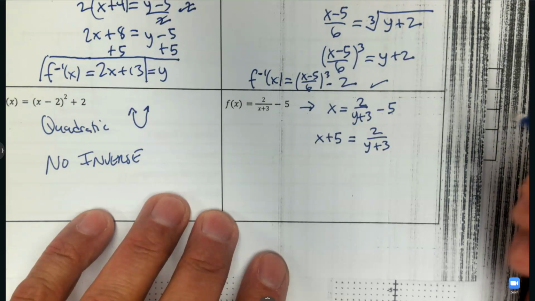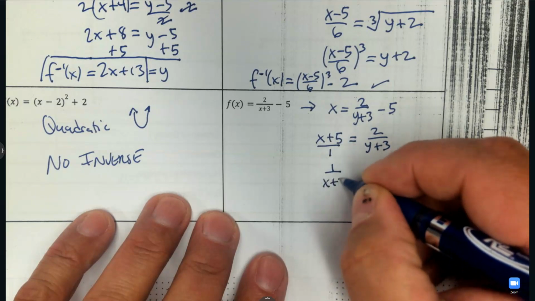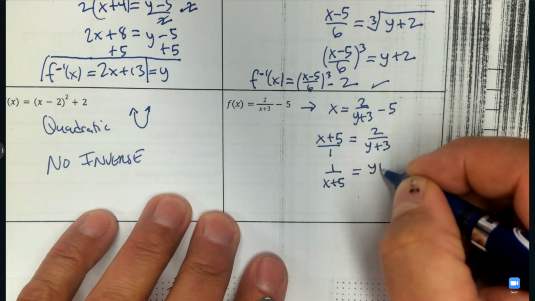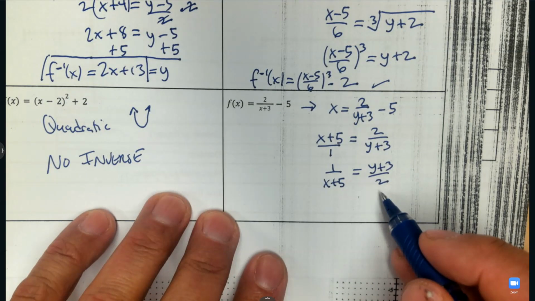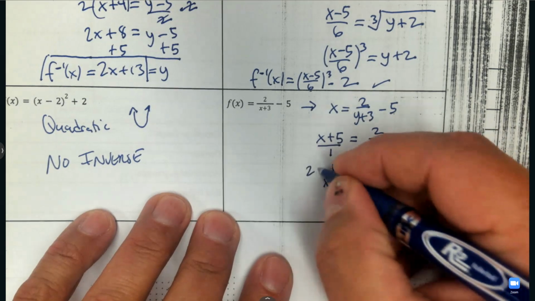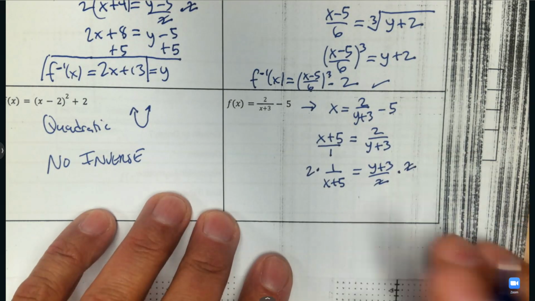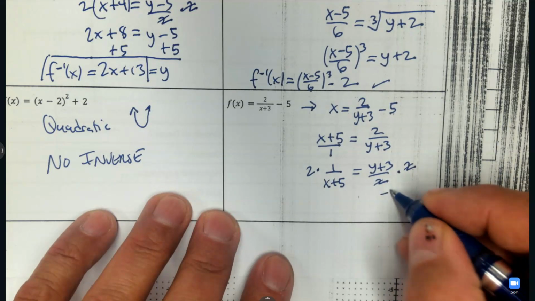Now, to get y by itself, I'm going to do the reciprocal to both sides to make it easier to solve for y. So to both sides, I do the reciprocal. And then, instead of dividing by 2, I'm going to multiply. And then, instead of adding 3, I'm going to subtract 3.